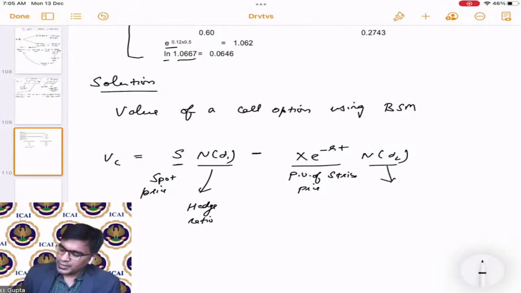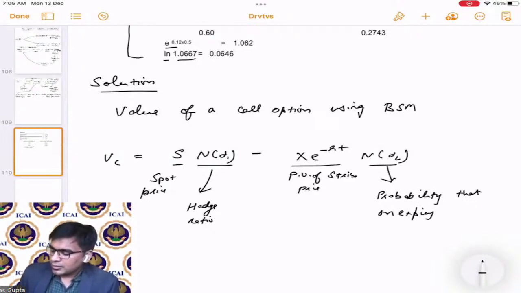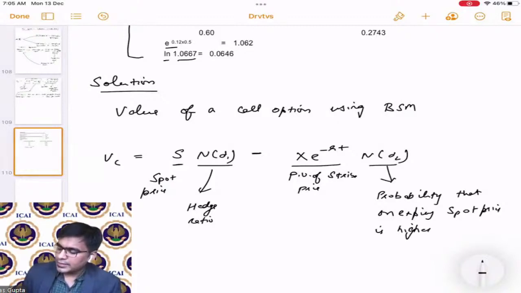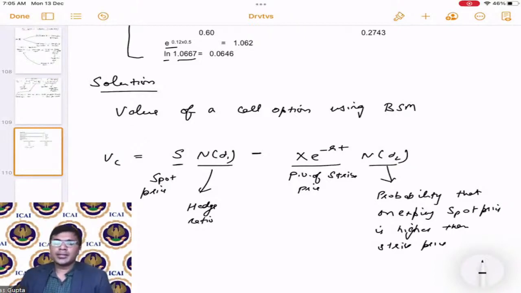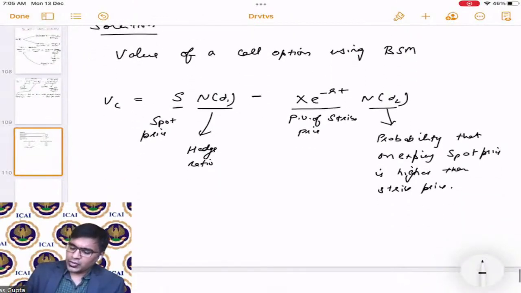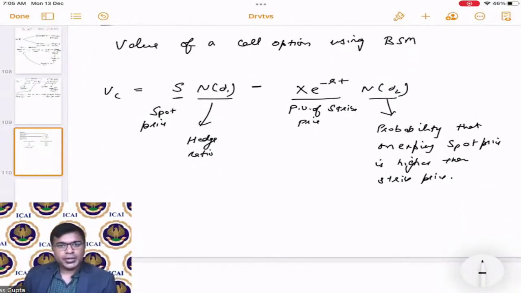And this was the probability that on expiry, the spot price is higher than the strike price. Okay, students. So this is what the value of a call option was using the Black-Scholes model.